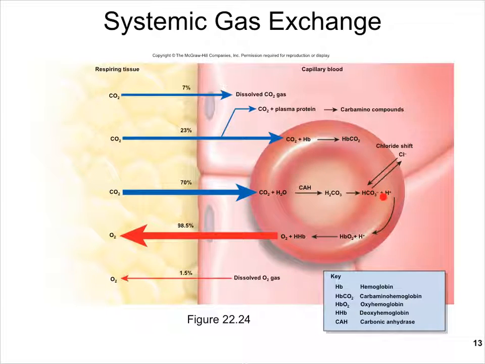But what happens to this proton here, this acidic proton? Well, that acidic proton actually binds to the hemoglobin. Some of those nitrogens correspond to the iron, but it's actually not the heme itself.